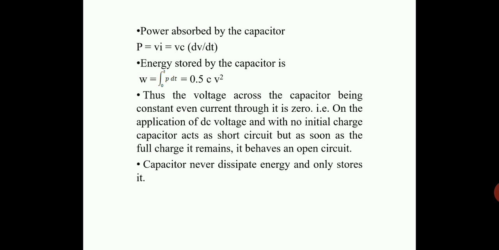That is, on the application of DC voltage with no initial charge, the capacitor acts as short circuit. But as soon as it gains full charge, it behaves as an open circuit. A capacitor never dissipates energy, it only stores it.